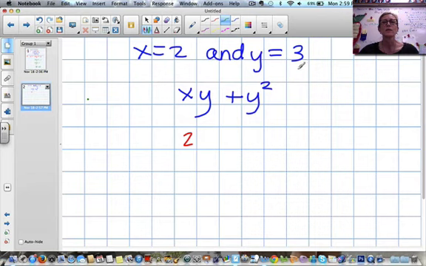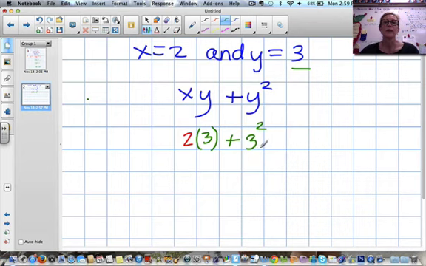Y equals 3, so just to be clear, we're going to be multiplying those together. So I'm just going to put in parentheses so it doesn't look like a 23. So 2 and a 3 plus, and again we're going to substitute in the 3 instead of the y, and that's to the second power.